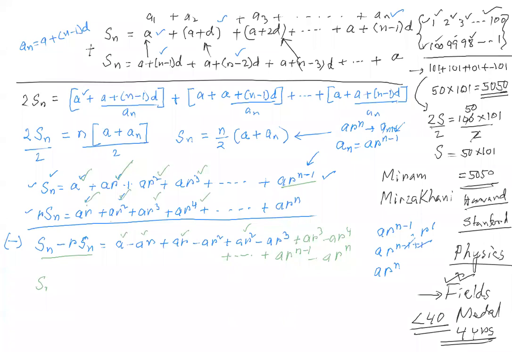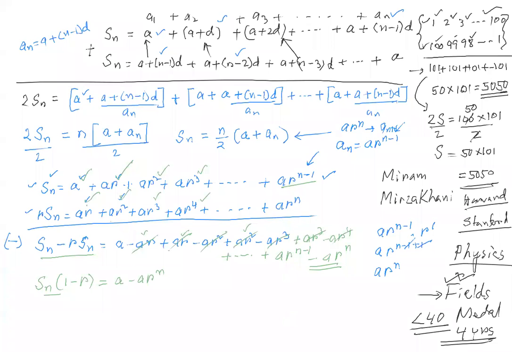If I factor out s sub n, I'm going to have 1 minus r is equal to, now look, everything cancels out. It's kind of telescopic. This cancels out, this cancels out, this cancels out, and the next one is going to cancel out. And everything is going to cancel out except the very last term and the very first term. So it's going to be a minus a times r to the power n, okay?